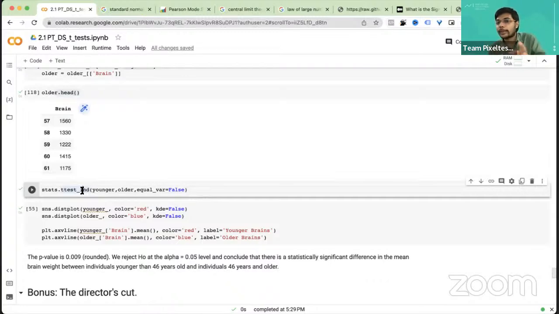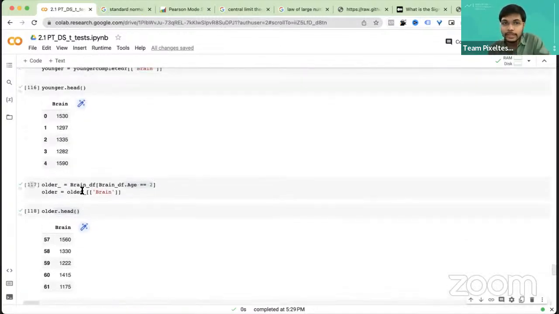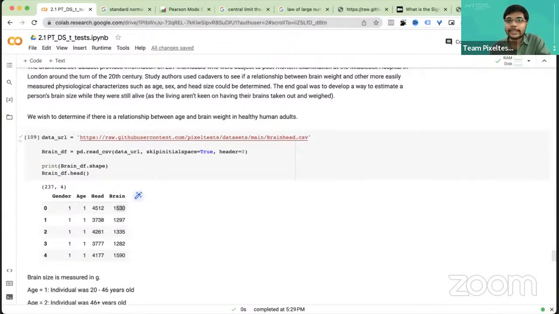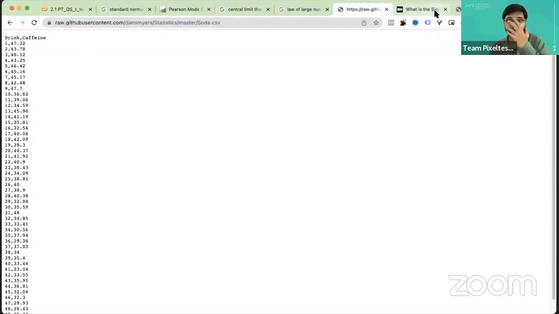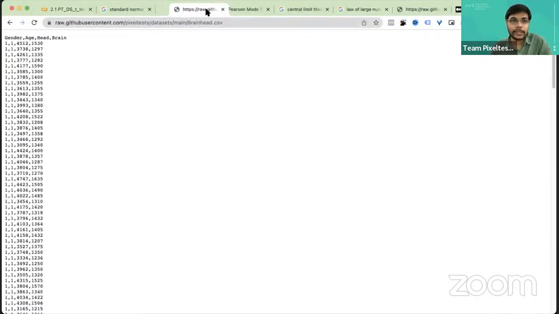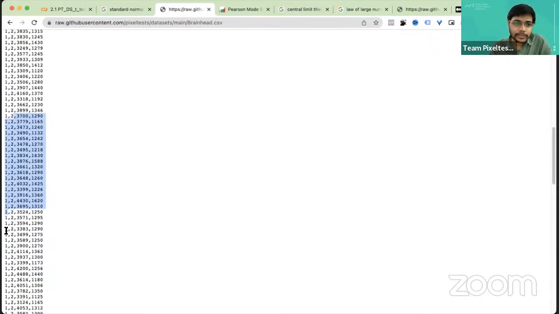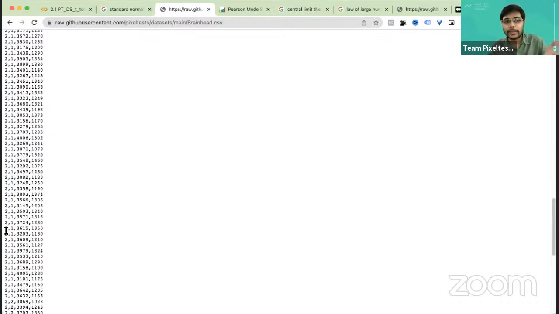Okay, so Vinitha ma'am asks how age equal to 1 became the younger age group, right? Now in this whole data set that we have here, madam, where is our brain data? In this whole data set, they have only ages 1 and 2. So what they have done is, like how we have genders, in gender, if it is 1 they have, let's say, male, and if it is 2, they have said it is female or something like that.